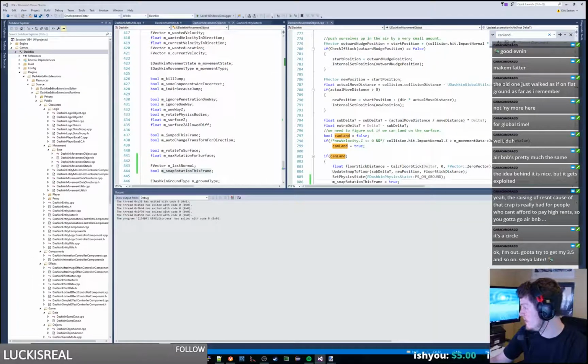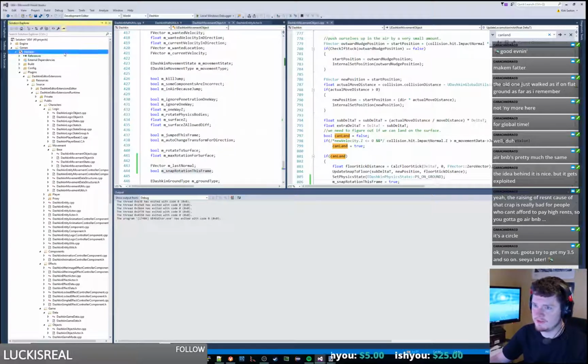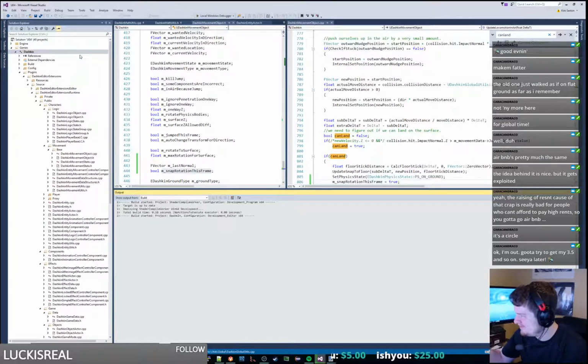So let's see, we had basically it's an exponential thing, so let's just set it to just 1 times the exponent. So our speed is going to be basically the difference between the angles that it wants to turn multiplied by itself.